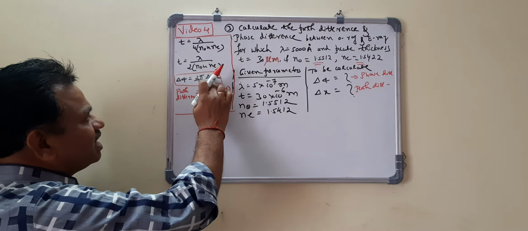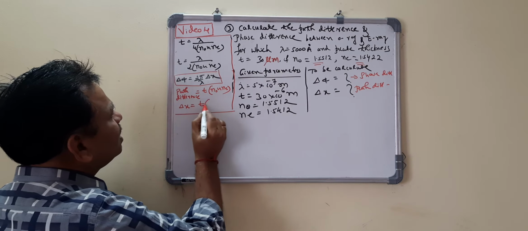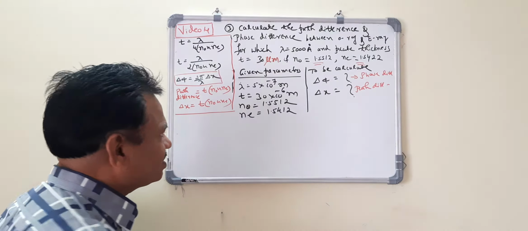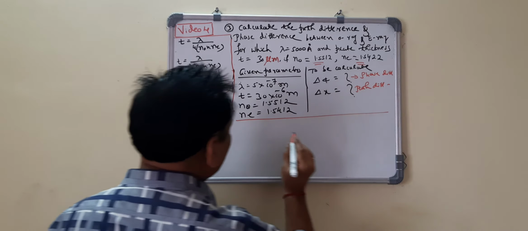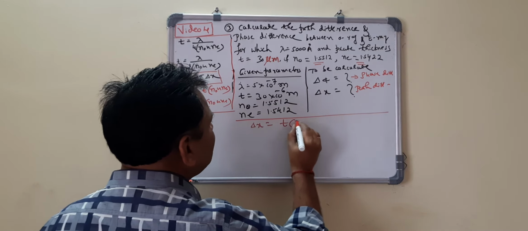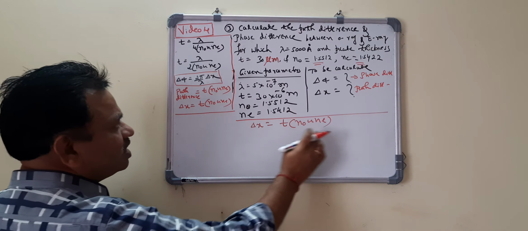But I know that delta x I can calculate. That is delta x equal to T into NO minus NE. First calculate the path difference. I will write delta x equal to T into NO minus NE. What is the difference here?